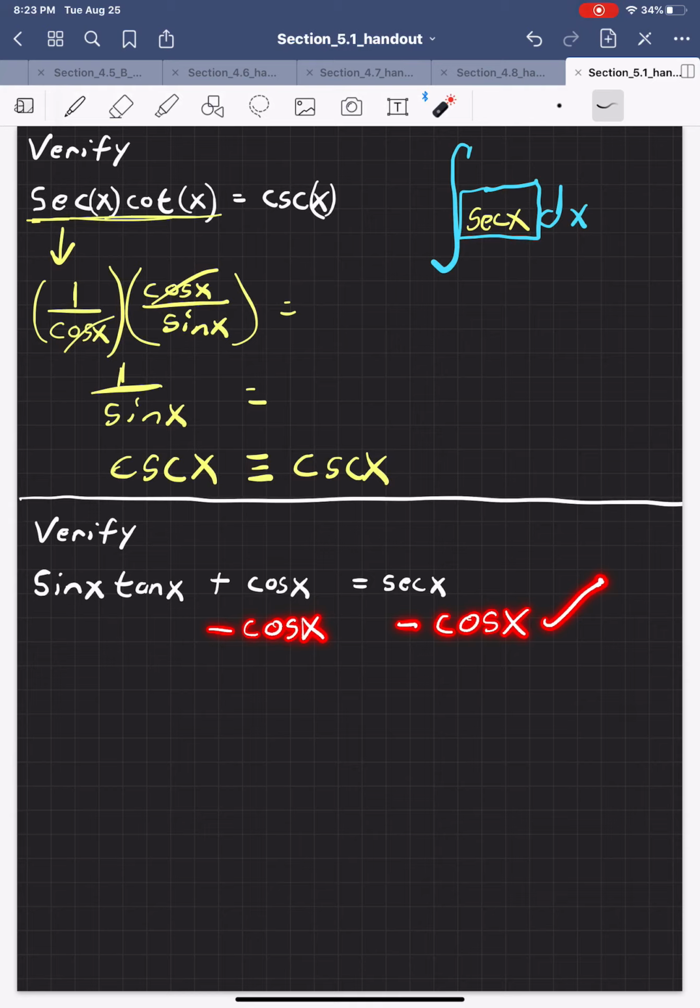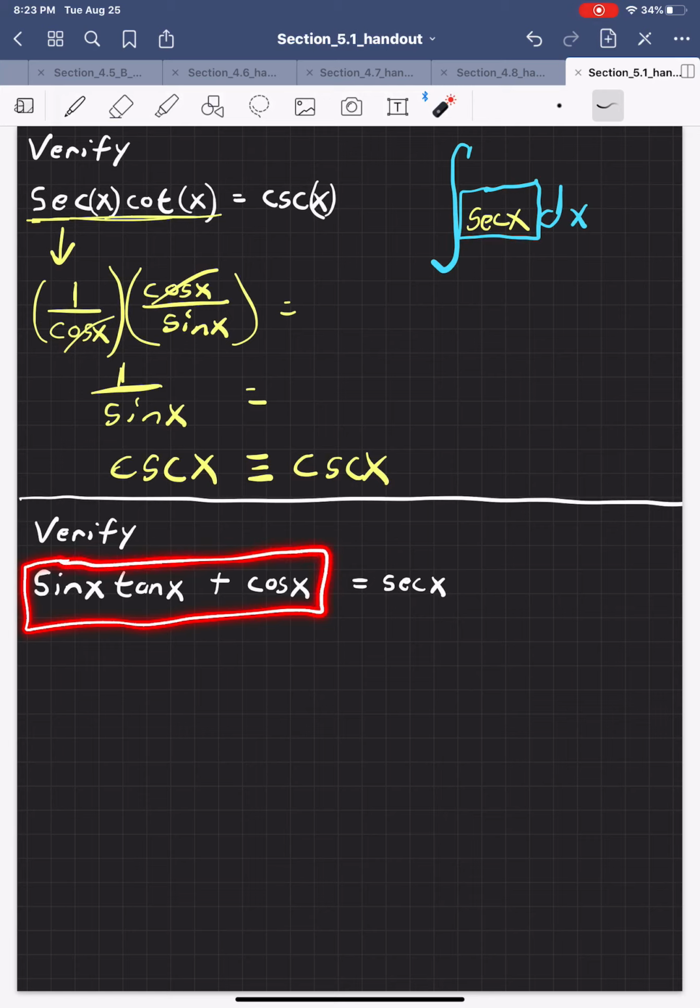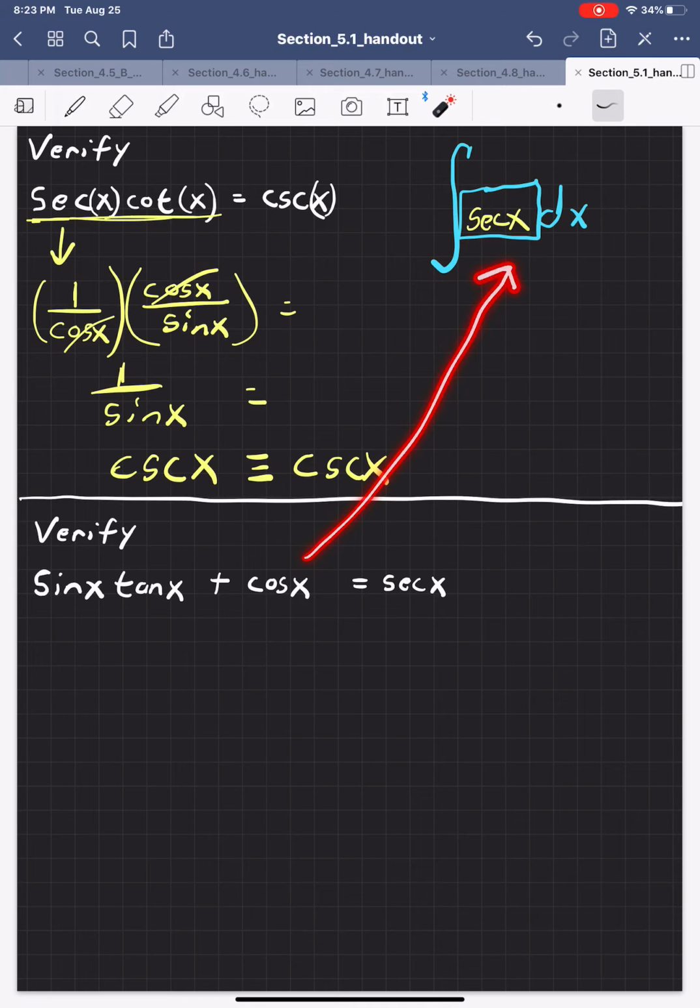You're not playing the "let me solve for x" game. That'll be later in this chapter. What you are doing is taking it the way it sits. You want to see if you can make this left side look like the right side, the way it sits.